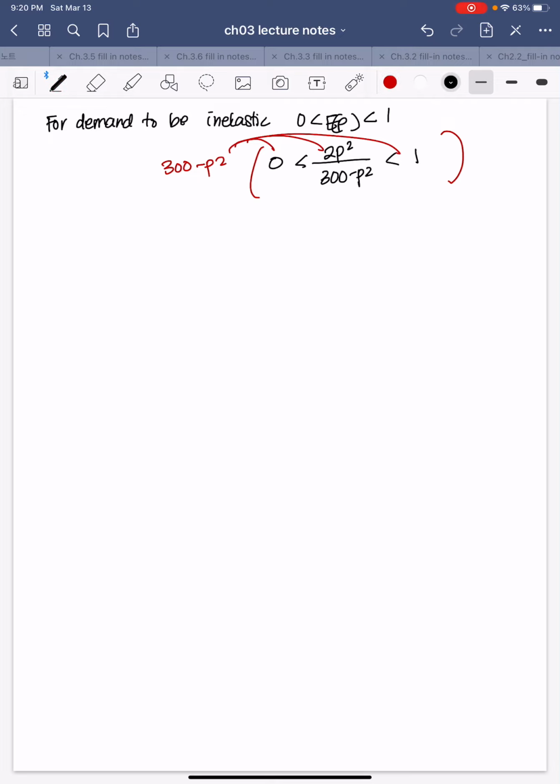So 0 times anything is 0. And then we have 2p squared less than 300 minus p squared. Okay. So add p squared.